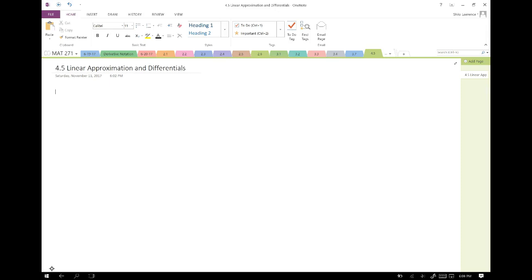The whole point is when you have a nice, smooth, continuous function, if you were to zoom in at one particular point, zoom in really, really, really far, that function would look almost like a straight line.